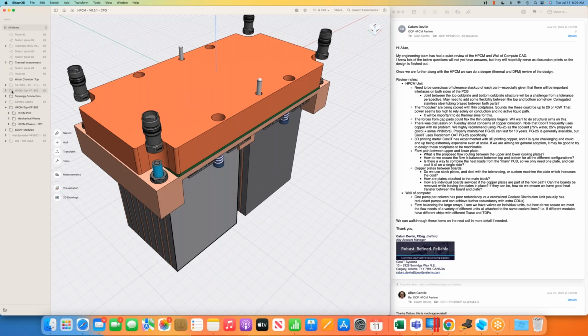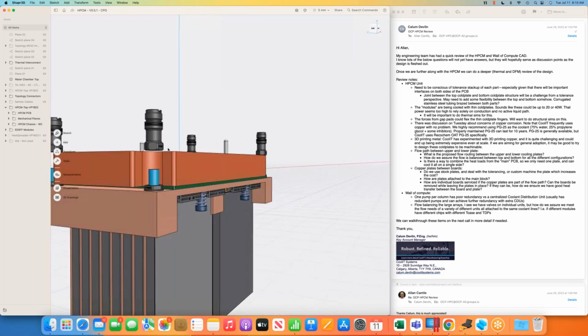I think for something like this, it'll be very important to do statistical tolerance stackup analyses on each important joint. One of the major comments is that there are important interfaces on both sides of this PCB.